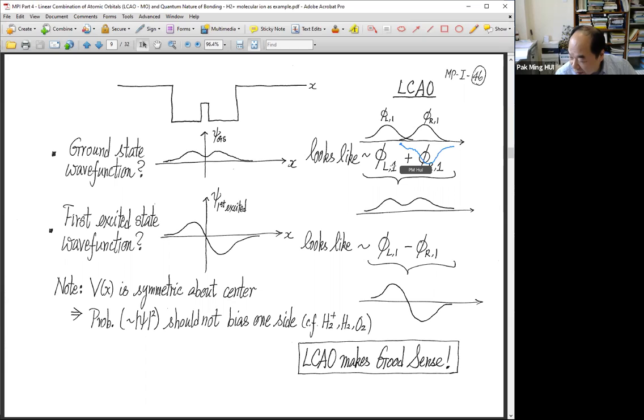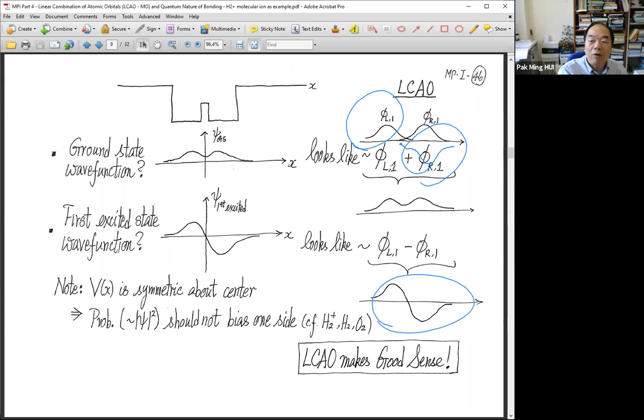So this added to that will give you this. Do you see? So that is to say, for this problem, I can even see that if I use the ground states of left and right, as simple as that, I will get some rather good representation or approximation for the ground and first excited state.